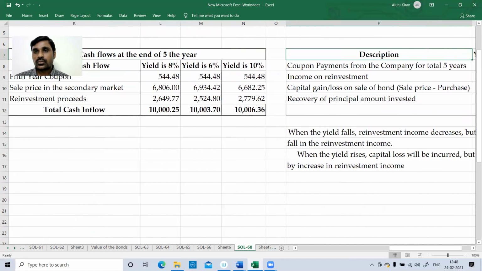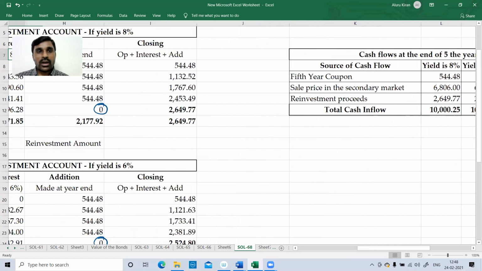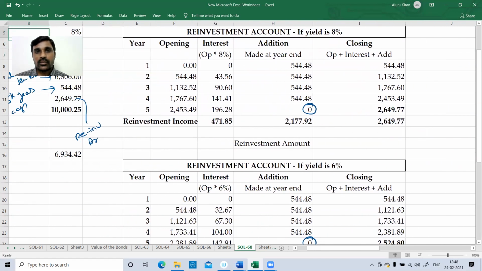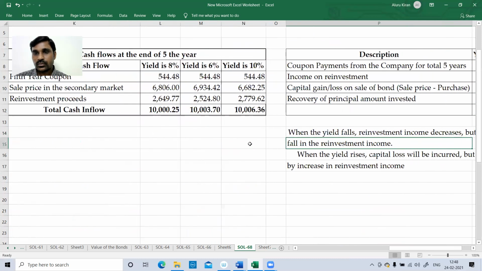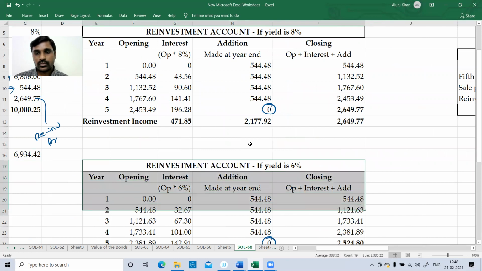Next, you can pause the screen and copy this answer. Next, you can pause the screen and copy this reinvestment income.